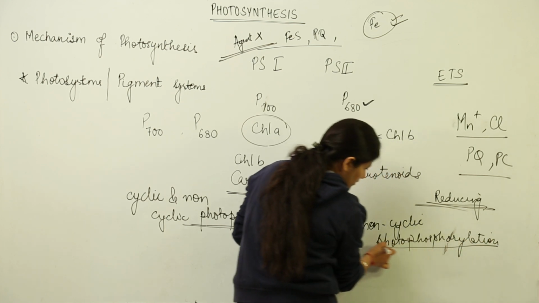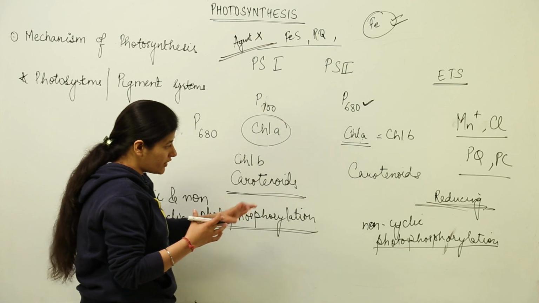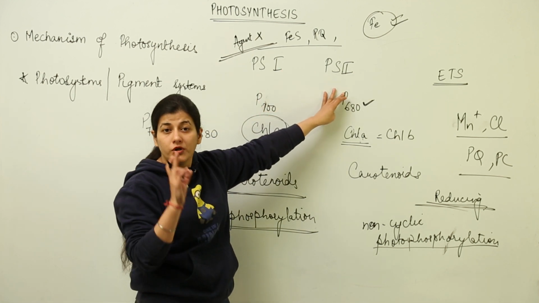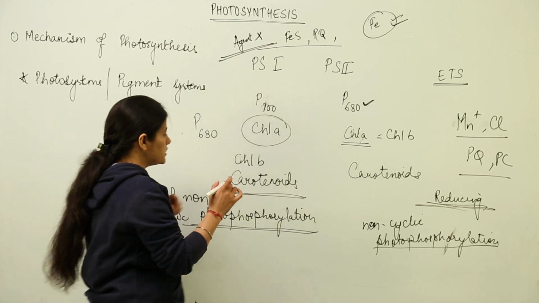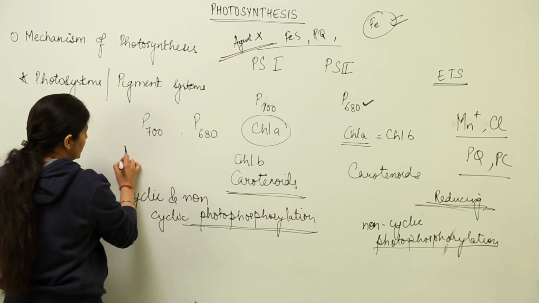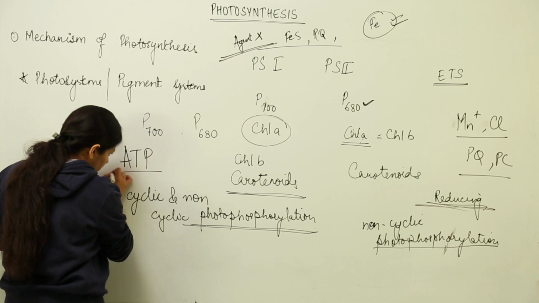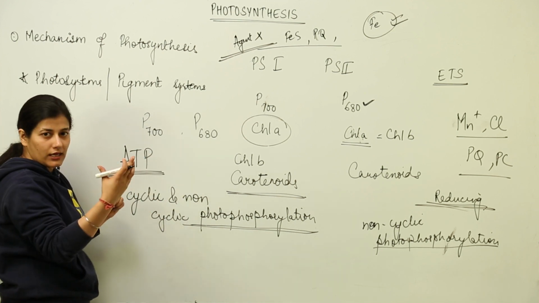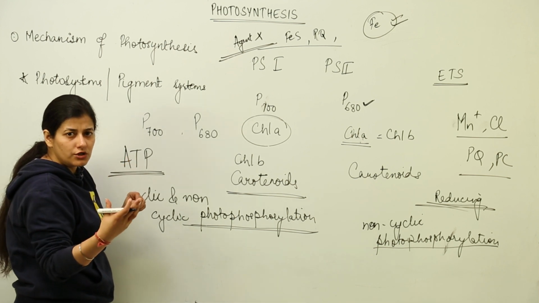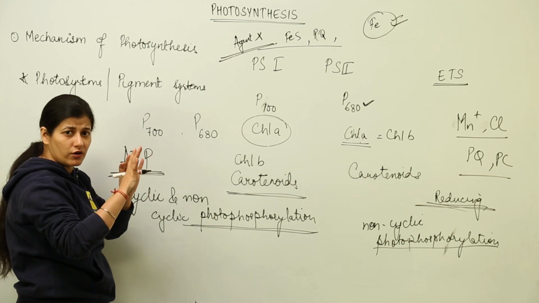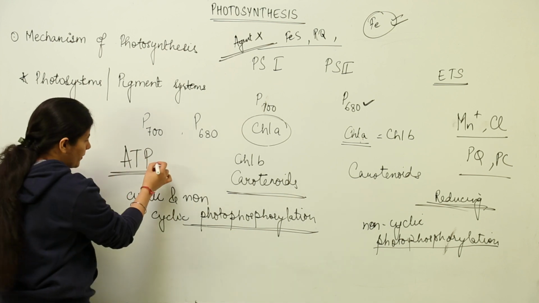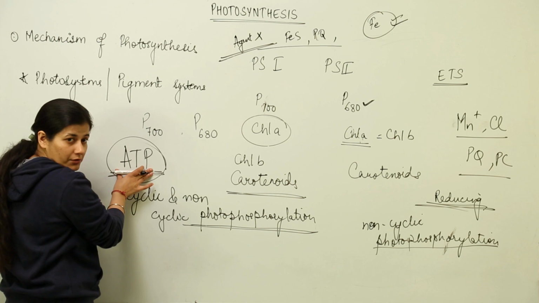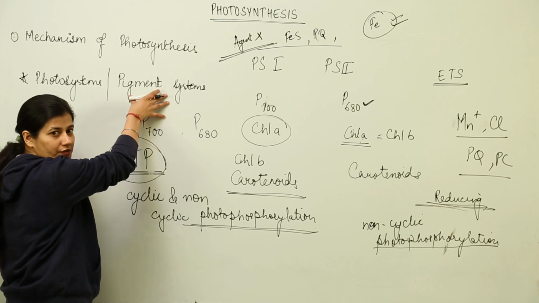Now remember this. For your subsequent lessons, what you have to remember is that these two pigment systems would be involved in the process of ATP formation. Now, somehow we are reaching step by step to the formation of energy, though we are quite far off from formation of glucose, but one thing has come into our scenario, that is the formation of ATP is going to take place from the unit that we have studied.